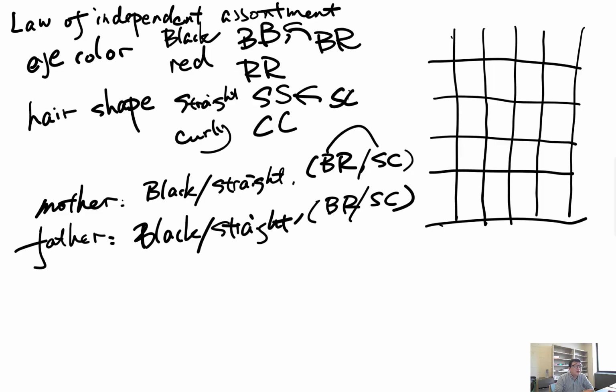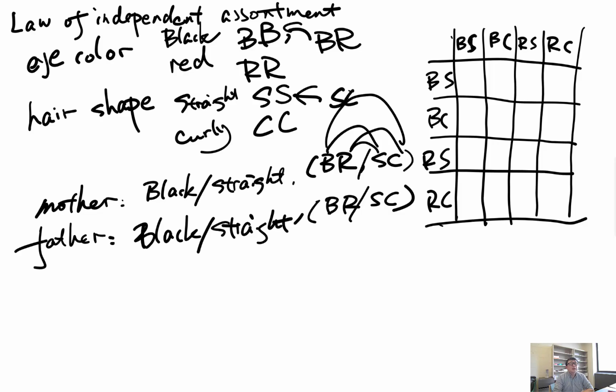B can combine with S, so one of the genotypes of the gametes is BS, and then B can combine with C, that's BC, and then R combined with S is RS, and R combined with C is RC. So these are four different types of gametes that this mother can generate, and the same applies to the father: BS, BC, RS, RC.